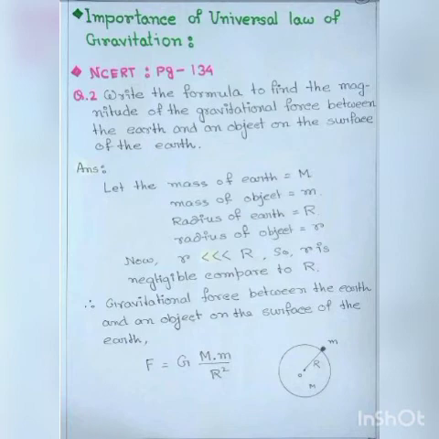So one object is the earth with mass capital M, and the other is a very small particle with mass small m, and they are separated by a distance equal to the radius of the earth, that is capital R. So the gravitational force between the earth and an object on the surface of the earth is F equals G into M into m by R square.